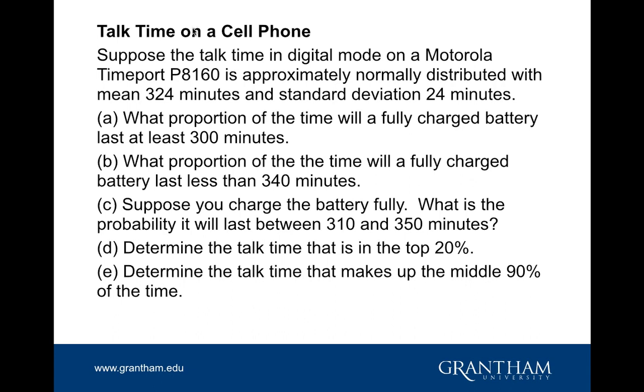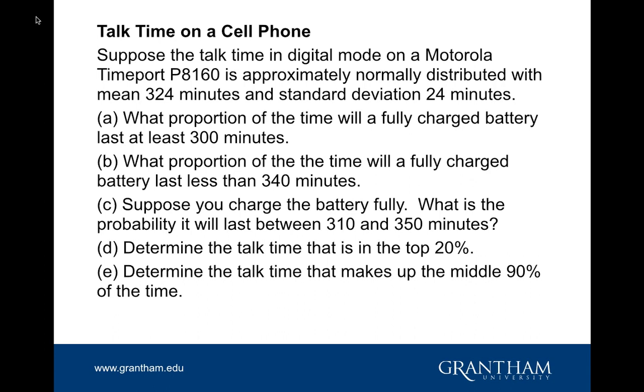The first problem asks for the proportion of the time that it is at least 300 minutes. The second asks for the proportion of the time it will last less than 340. The third asks between two values, 310 and 350. And the last one asks for the value that corresponds to the top 20 or the bottom 80.